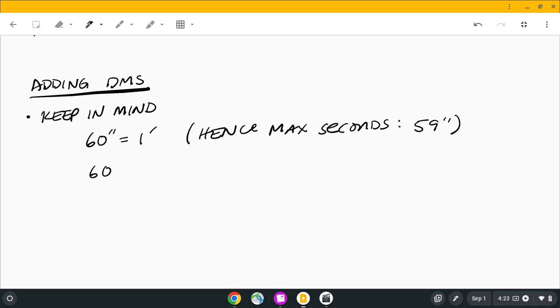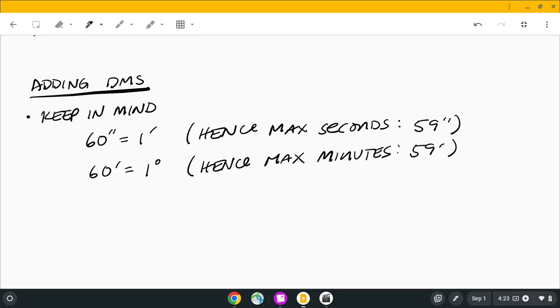And 60 minutes equals 1 degree, hence the max minutes you can ever have is also 59.